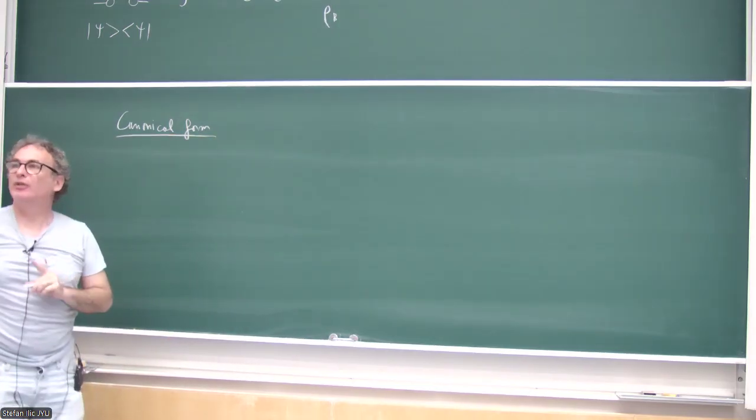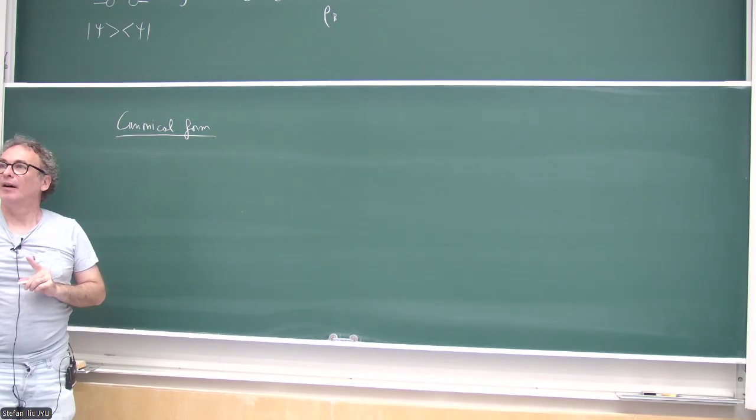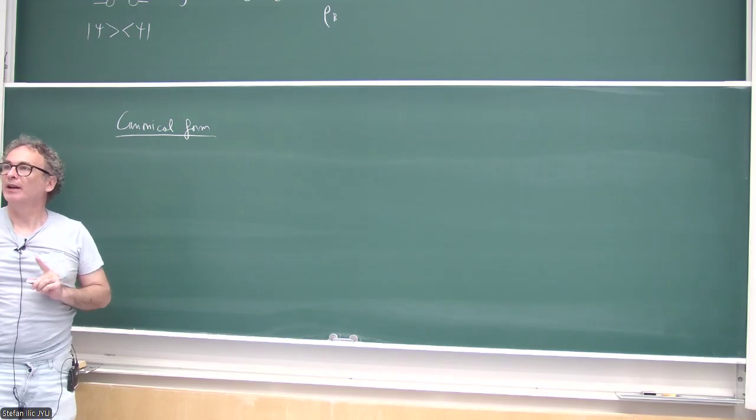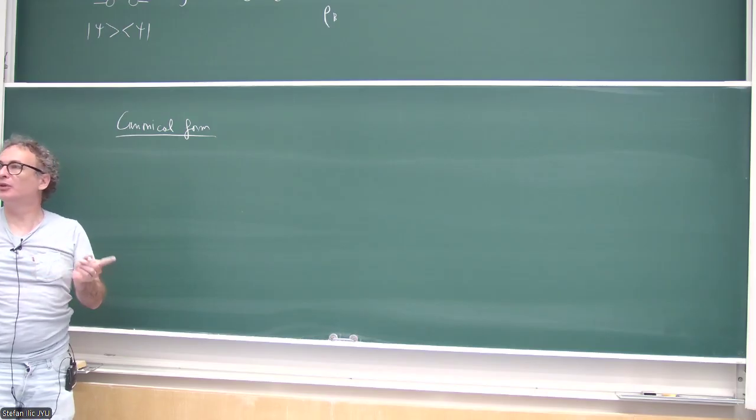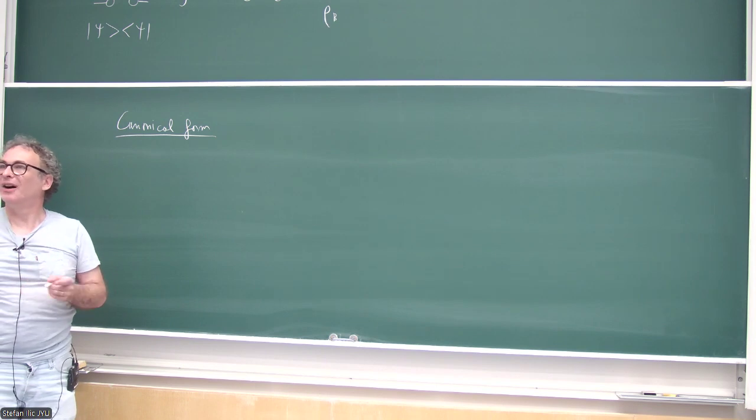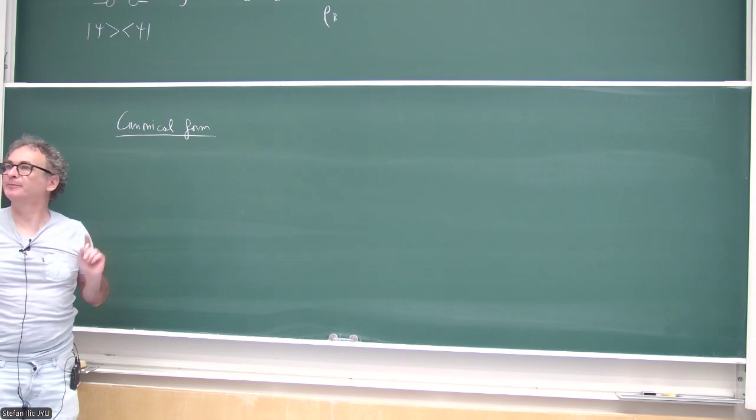I was going to answer a question that I had, I think, the first day: why do we use QR? Where do we put the Q and where do we put the R? It didn't matter so far, but now it's going to matter.